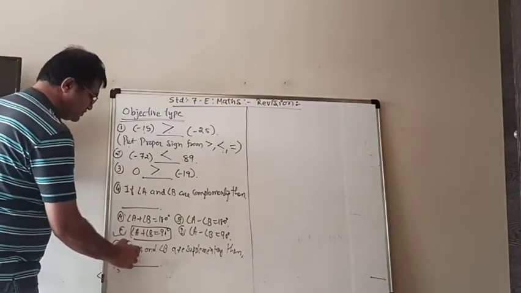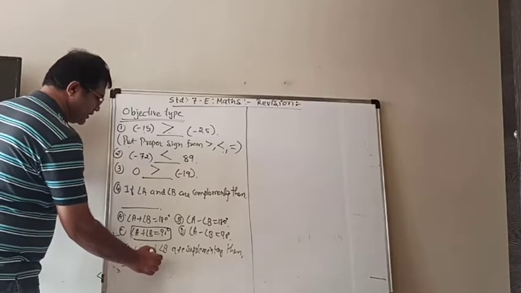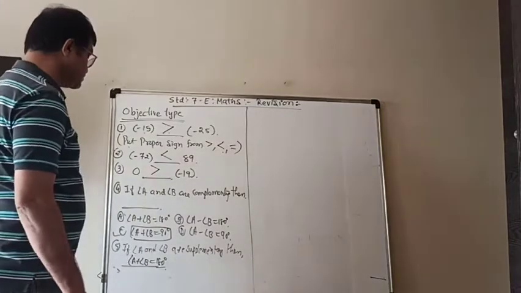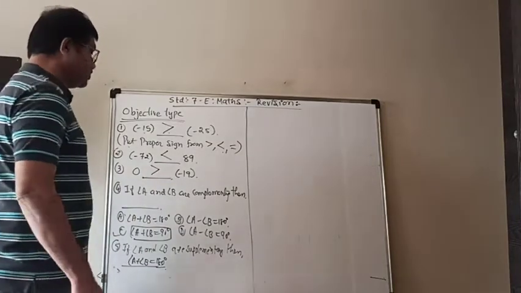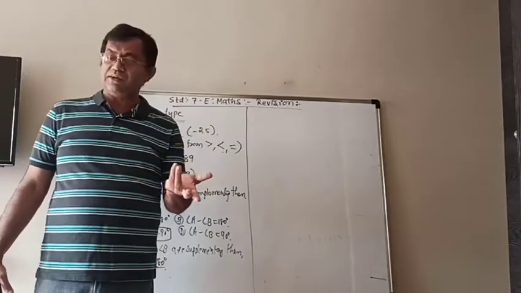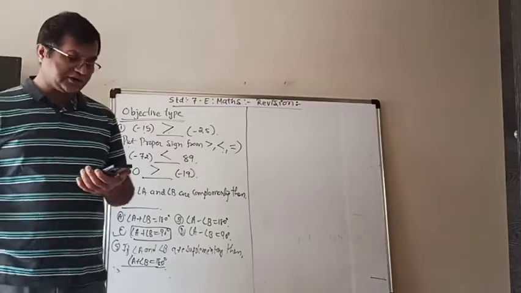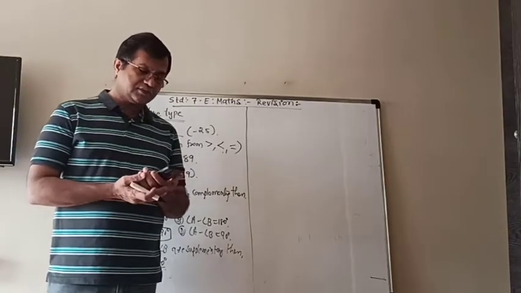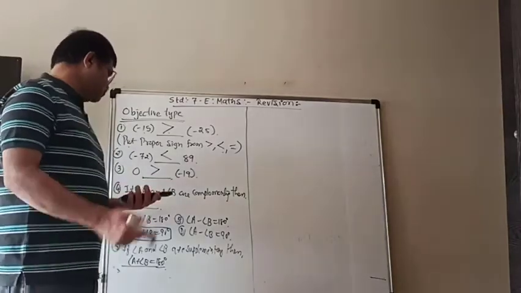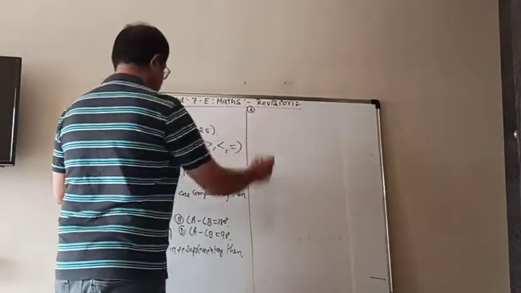Here, A: angle A plus angle B is 180 degree. You have to remember that if one of the complementary angles is given, the other can be found by subtracting it from 90 degree. And if they are supplementary, we have to subtract them from 180 degree.